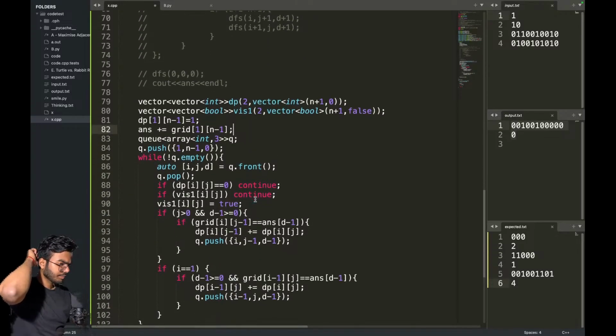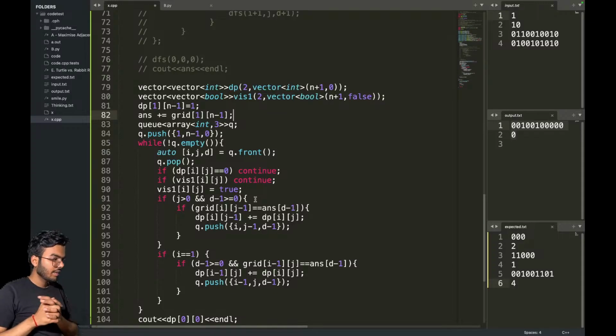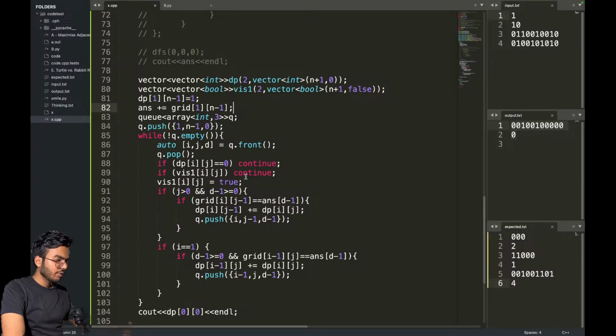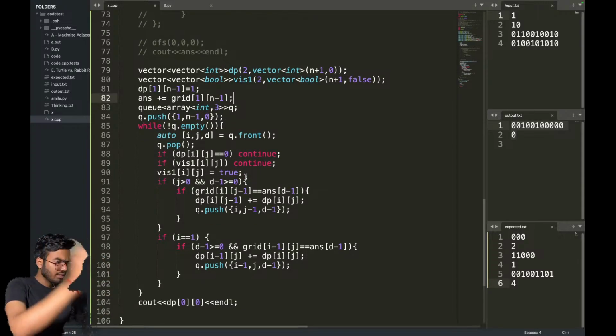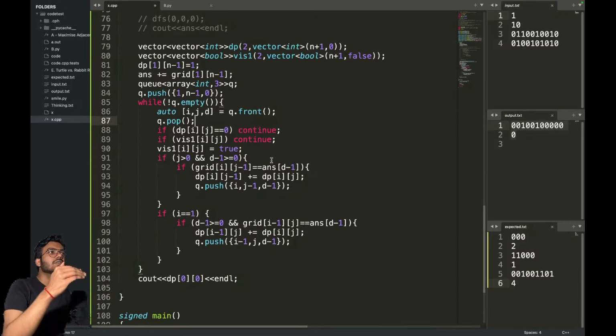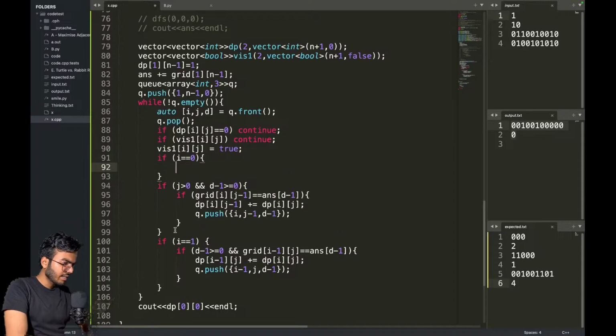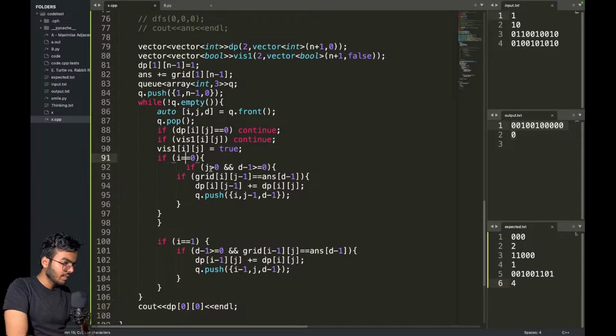Now, so dp of this is 1. Now I will push this into the queue. Let's leave it like this. Now I have two choices. I can either go left or upward. If i equals 0, then the only thing I can do is go left, right? So I will do this, but there is one more thing.